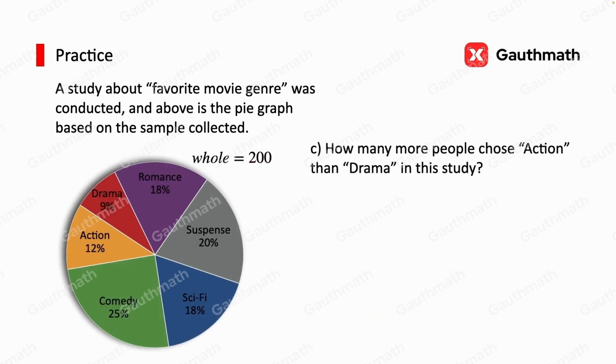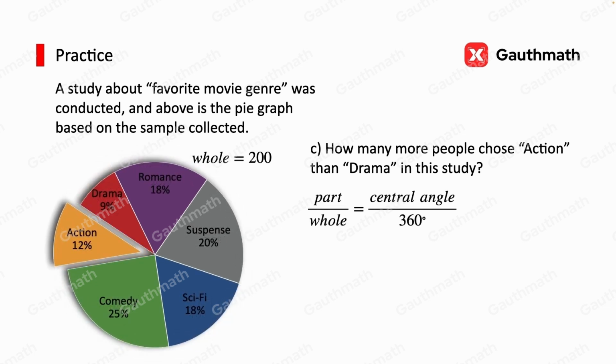Finally, we move to part C. How many more people chose action than drama in the study? Well, now we know there are 200 people in total from the previous question. We can calculate the number of people that chose each genre. Rearranging our original formula, we have part equals whole times central angle over 360 degrees.